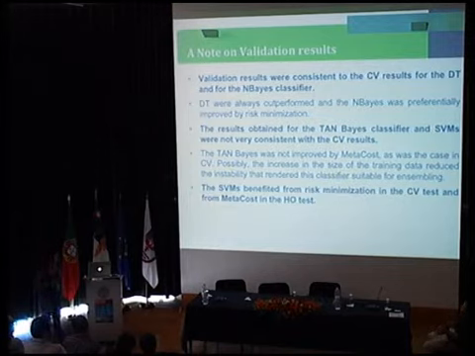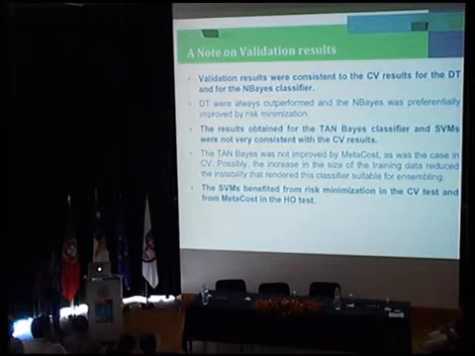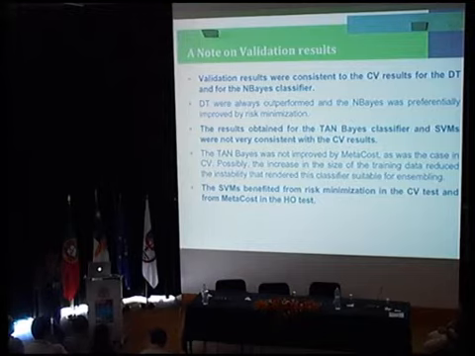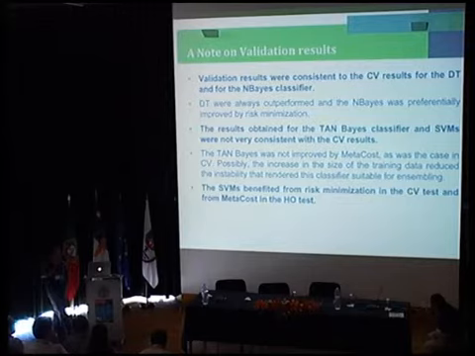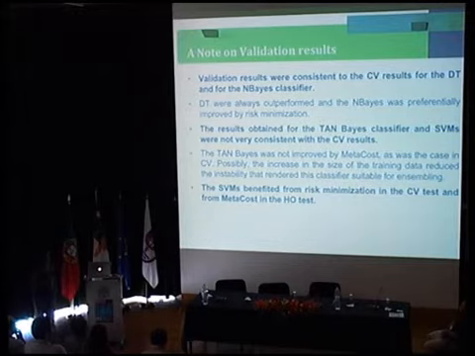The results obtained for the TAN Bayes classifier and SVMs were not very consistent with the cross-validation results, and this is also according to what they say in the literature. They say that the TAN classifiers are unstable, and they also say that the SVMs sometimes behave well and sometimes they go for the majority.